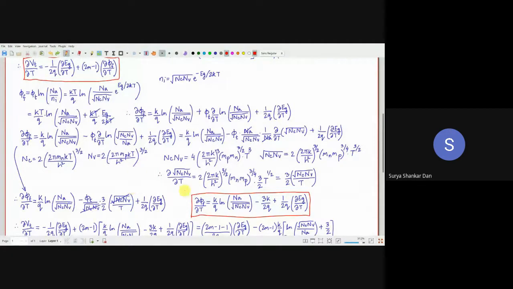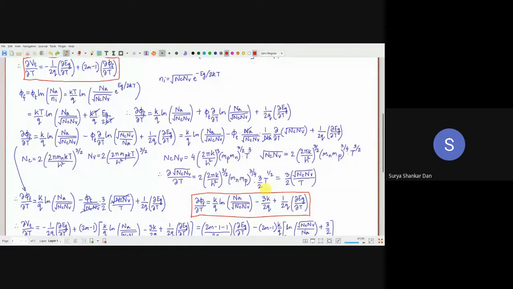So now what we observe is that phi T is equal to KT by Q. So this T and this T will cancel. You are left with 3K by 2Q. So this entire term, as you can see, which was kind of scary initially, del T, this whole term, has become completely independent of temperature.